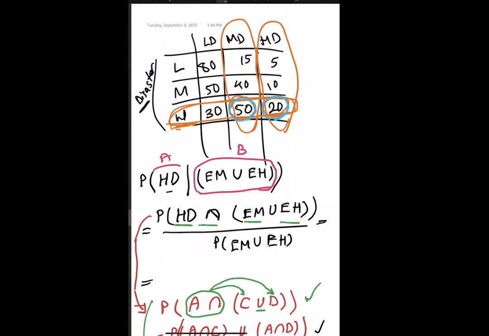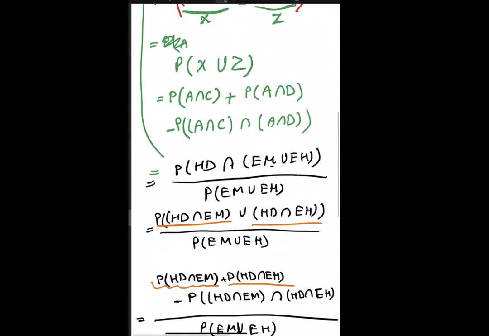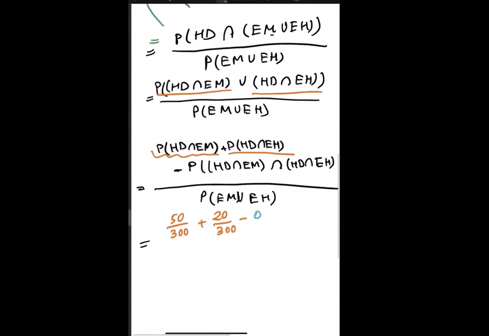High debris and earthquake moderate is here. High debris and earthquake high is here. Do they have any intersection? No. Minus 0.